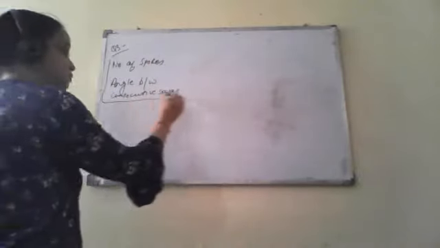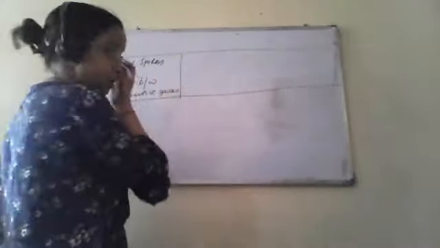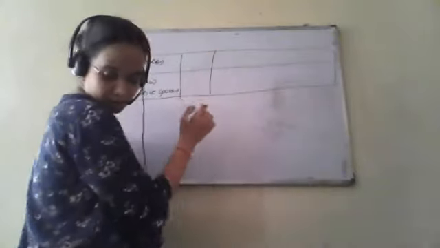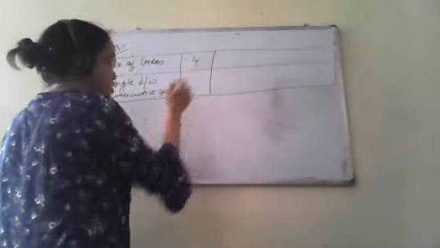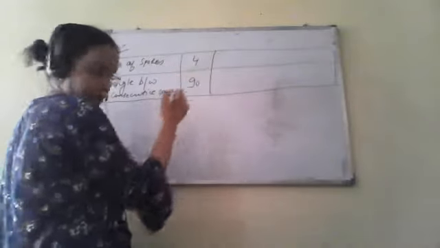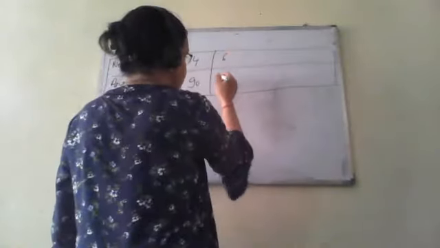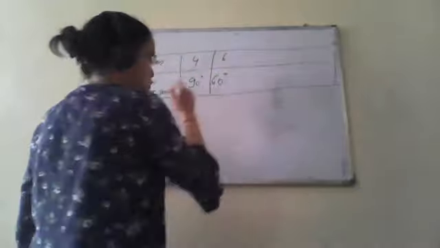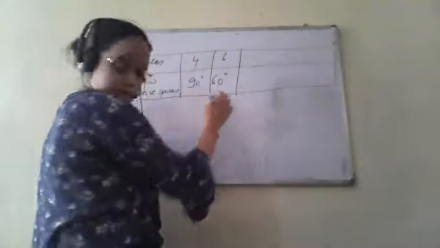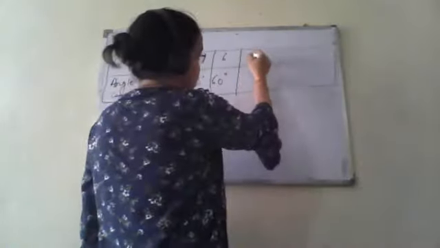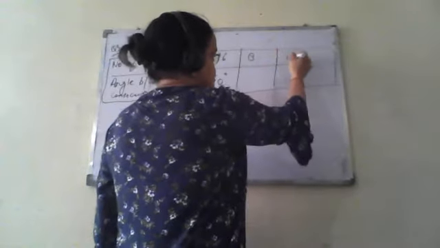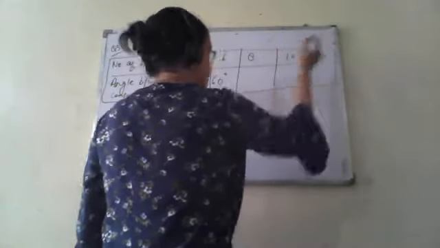These two things are given to us. So we have, when there are 4 spokes, the angle between them is 90. When there are 6, the angle between 2 consecutive spokes is 60. We have to calculate when there are 8 spokes, 10 spokes and 20 spokes.